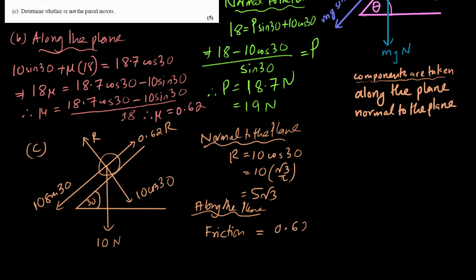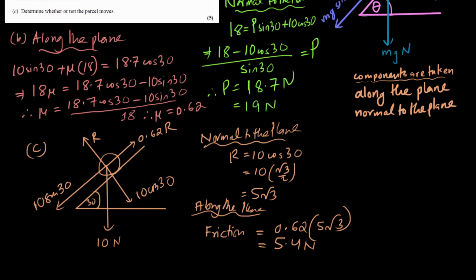Friction is 0.62 R, and R is 5 root 3, and this turns out to be 5.37, or 5.4 Newton. So the maximum friction has a total load capacity of 5.4 Newton force. It can support that. So let's see what the downward force is.